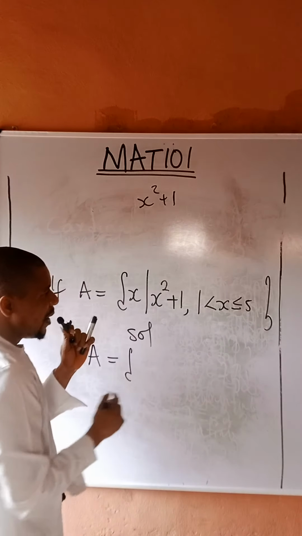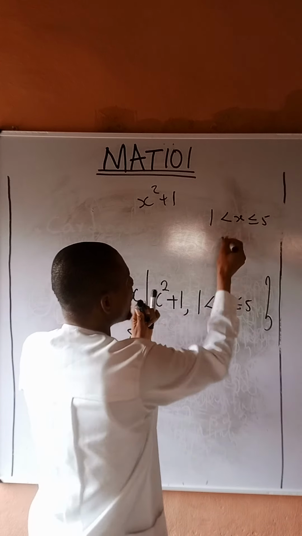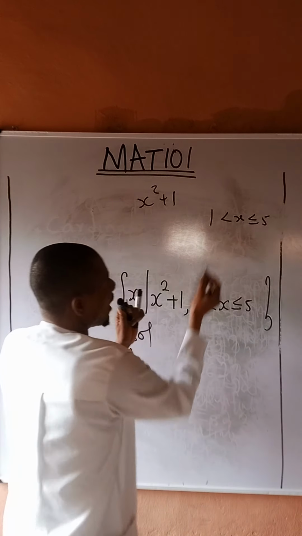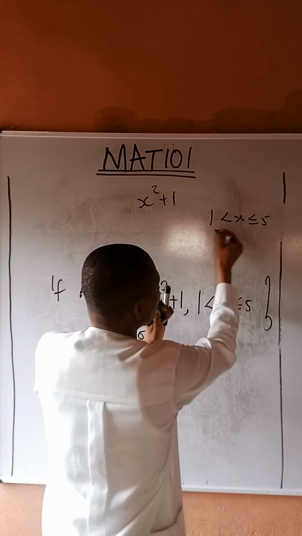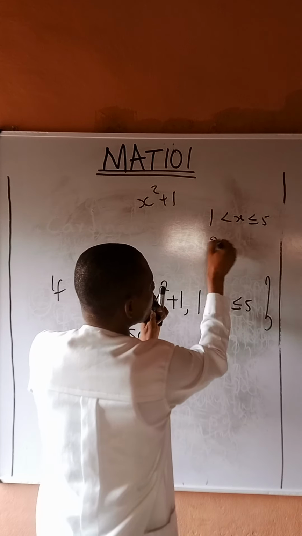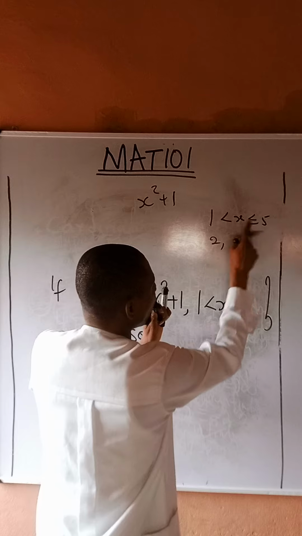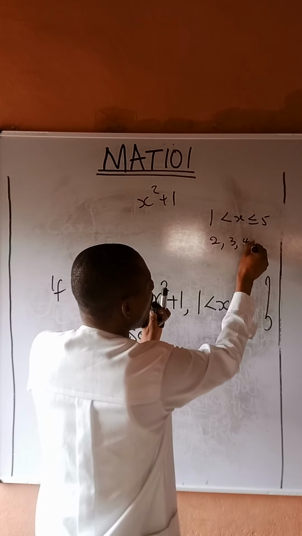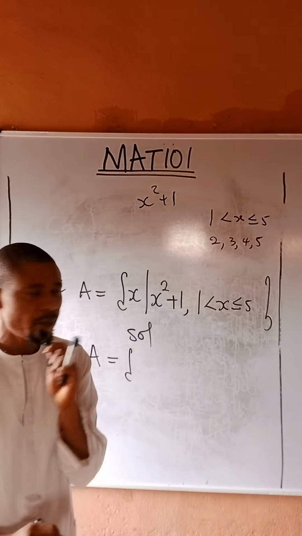So what this simply means is that from 1 less than x, less than or equal to 5, the elements are the numbers greater than 1 but less than or equal to 5: 2 is greater than 1 and less than or equal to 5, 3 is there, 4, and what? 5. That's exactly what I have.